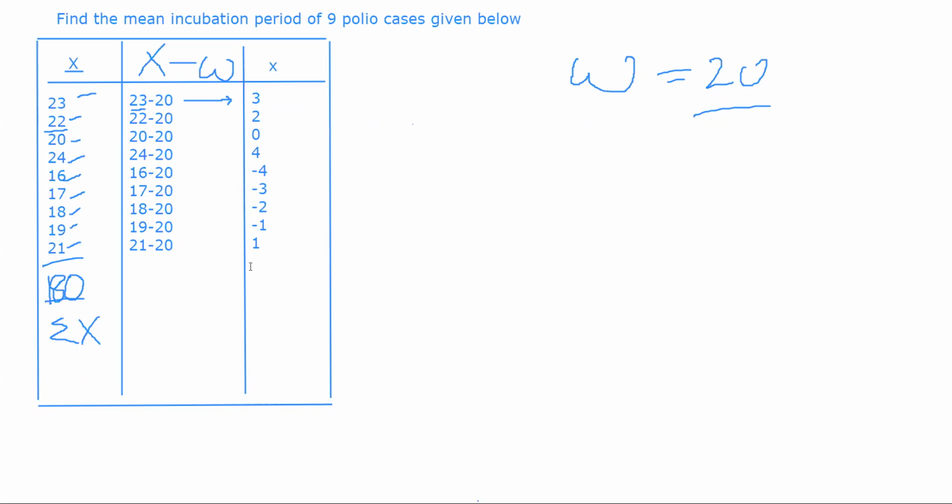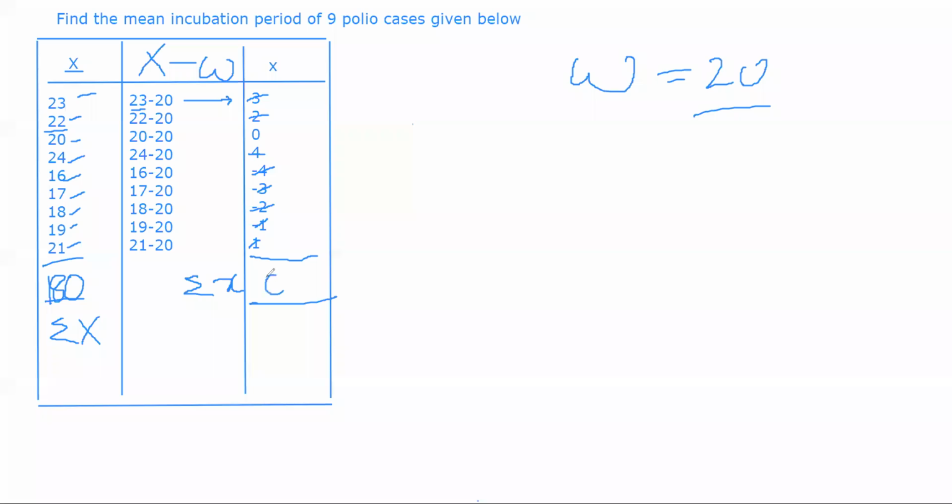Now my goal is to find sigma x. Look at this data. 3 and minus 3 will cancel each other, right? 2 and minus 2 will cancel each other. 4 minus 4 gone. 1 minus 1 gone.